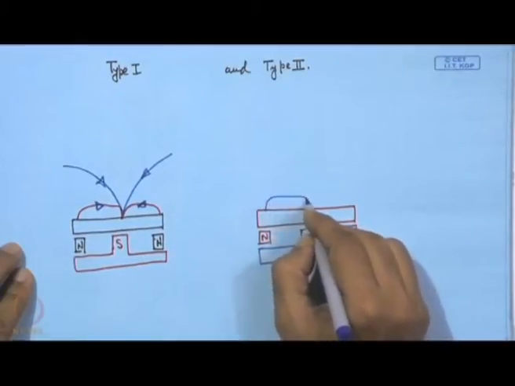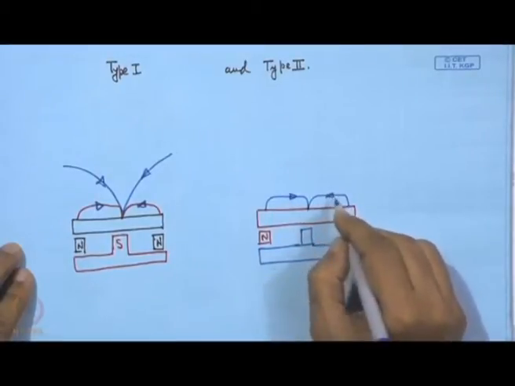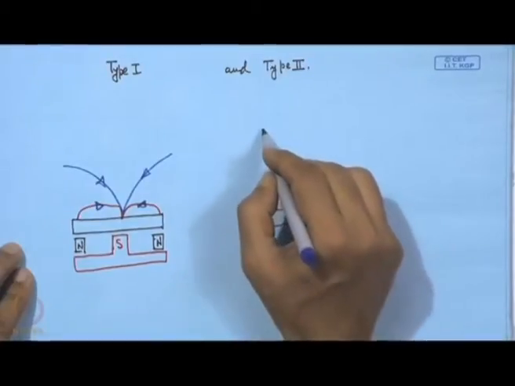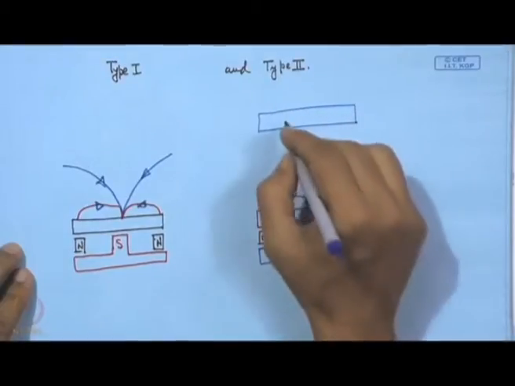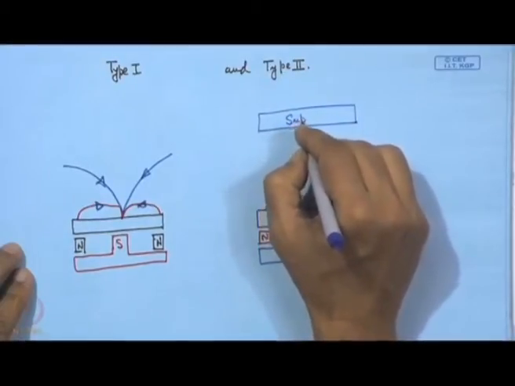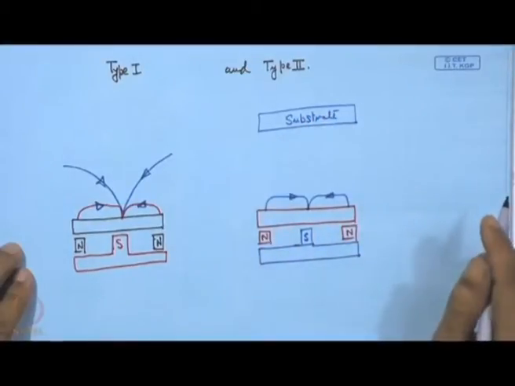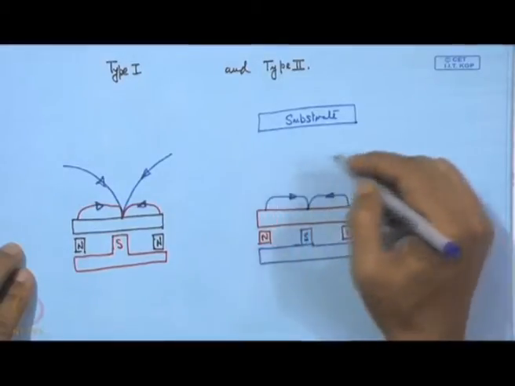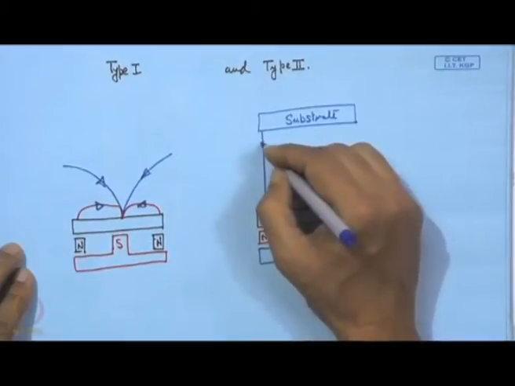Some of the lines of force will close between the north and south. However, if we have the substrate here, a few of the lines of force will be directed towards this substrate.